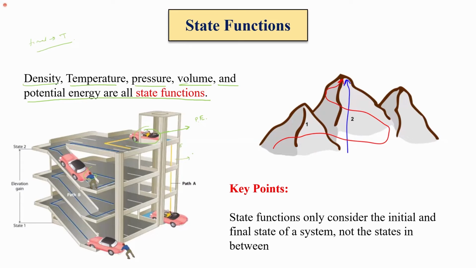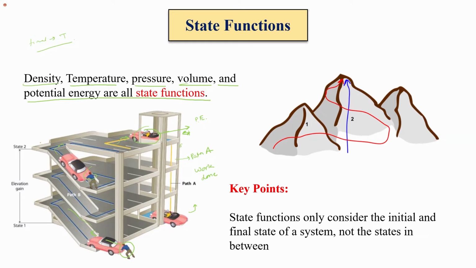Let's say this is path A. The amount of work done to get this car from here to this position will be different from the amount of work done when this man pushes the car upwards to the top and to this final position.